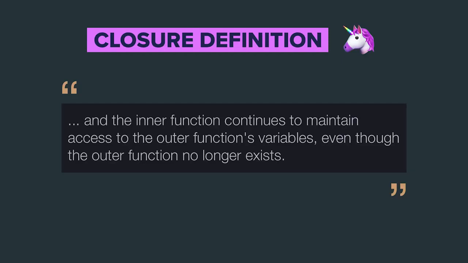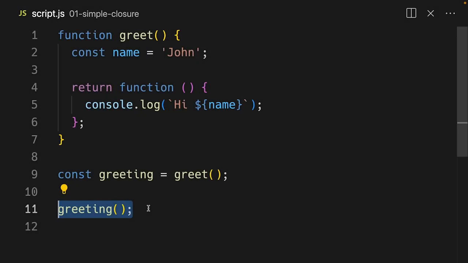And the inner function continues to maintain access to the outer function's variables, even though the outer function no longer exists. Back to the example again, and we can see that we are invoking the inner function on line 11. At the time of invocation, the outer function on line 1 has already returned.